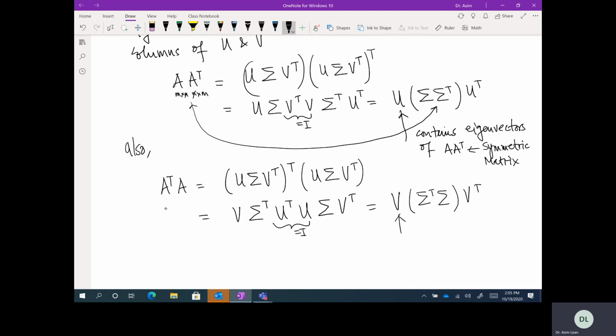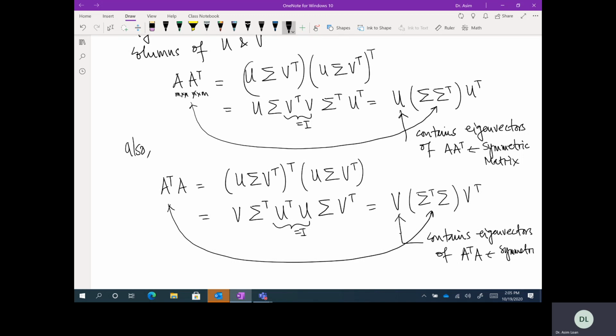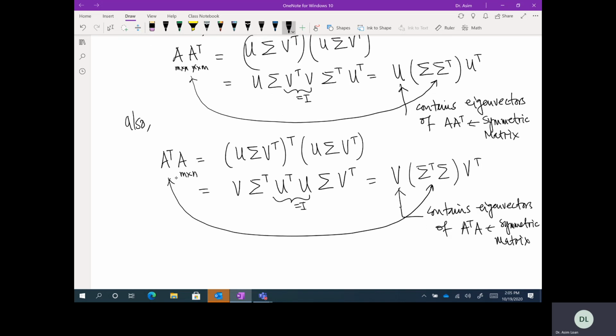Again these are similar, and V contains eigenvectors of A transpose A. And again, this is also a symmetric matrix, so we have a full set, so no need to worry about the Jordan form again. This one, by the way, is M by N, this is N by M, so this is an N by N matrix, and this is an M by M matrix, both symmetric.